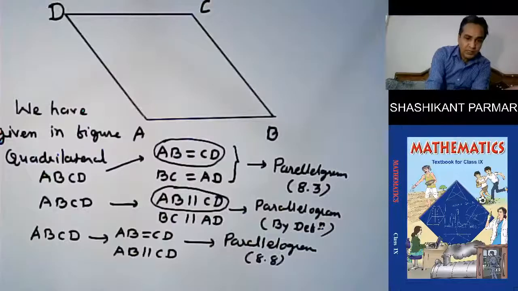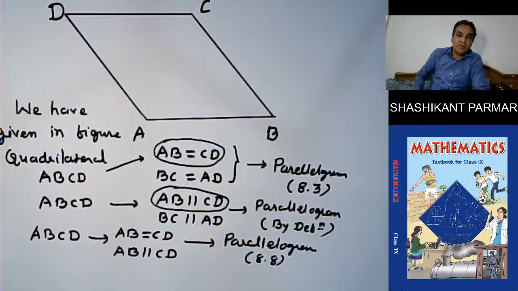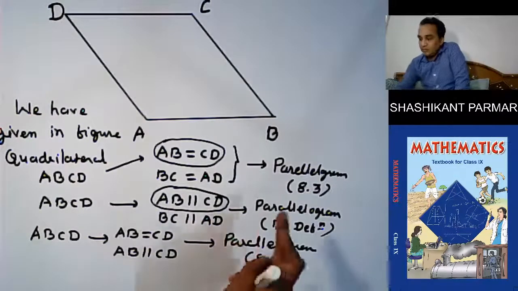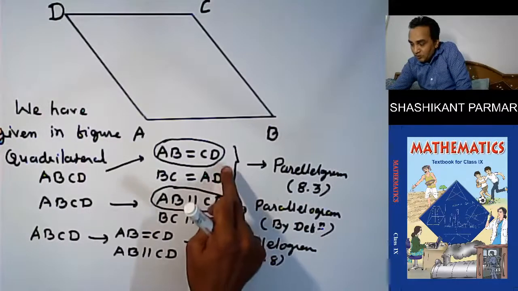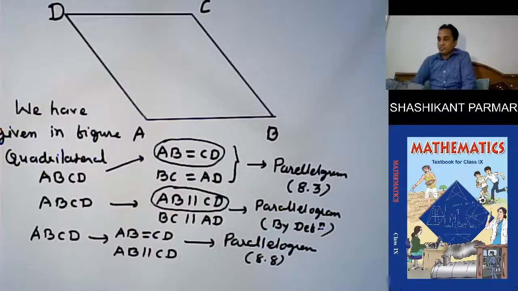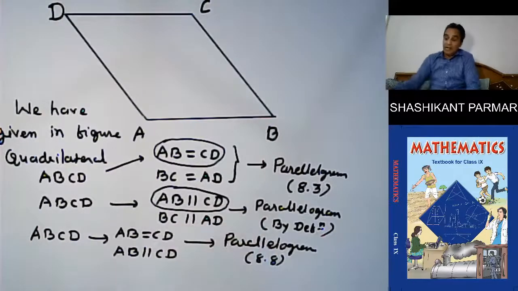So I think now you are all clear about the statement of theorem number 8.8. What does theorem number 8.3 say? Both pairs of opposite sides are equal. What does the definition say? Both pairs of opposite sides are parallel. And what does theorem number 8.8 say? Only one pair, not both.